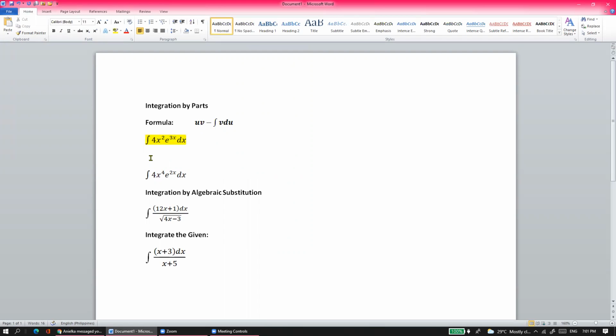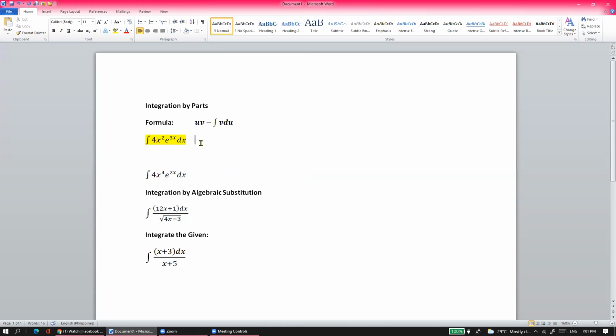So, ganito lang kadali yan. Given the integral of 4x squared e to the 3x dx, first we have to choose among the coefficients of our given problem kung alin ba dito ang gagamitin natin as u.